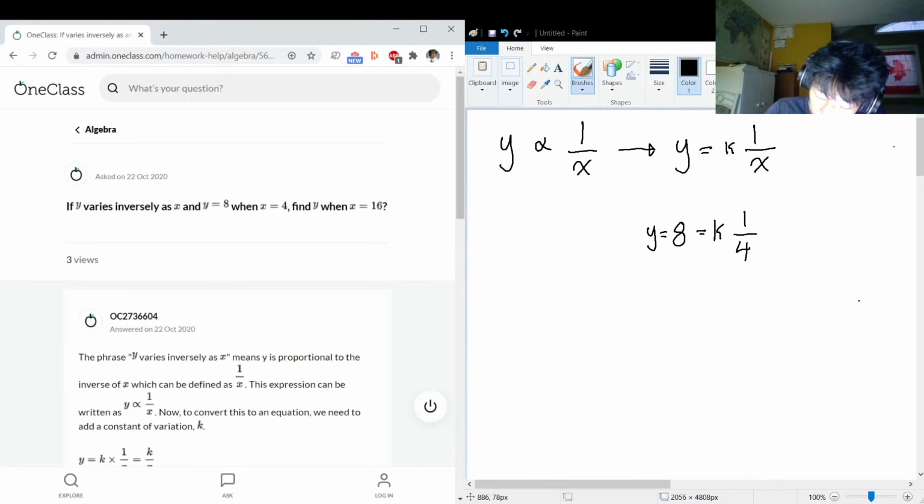So we can actually solve for that if we multiply both sides by 4. So that'll be 4 times 8 equals k. What's 4 times 8? 32.